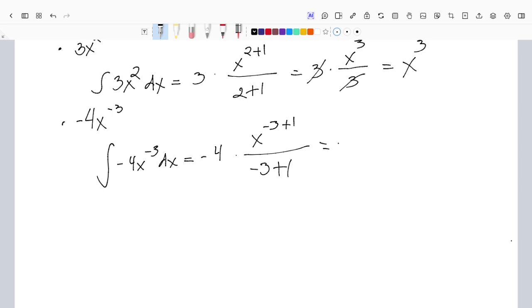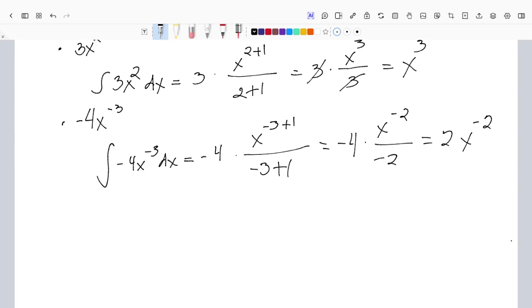Let's further solve this. Negative 4x^(-2) over negative 2. We got 2x raised to negative 2.